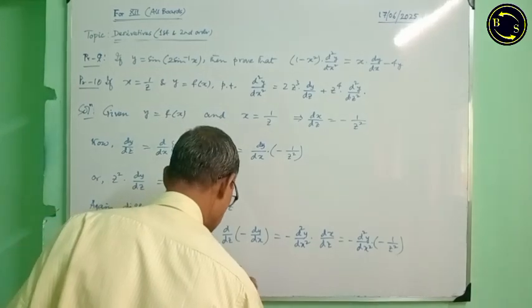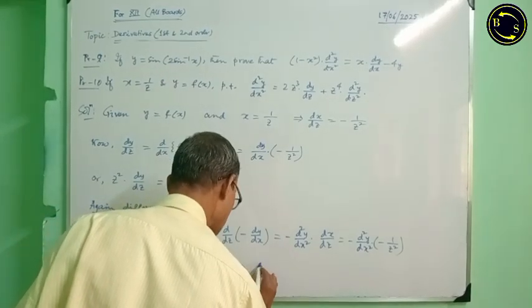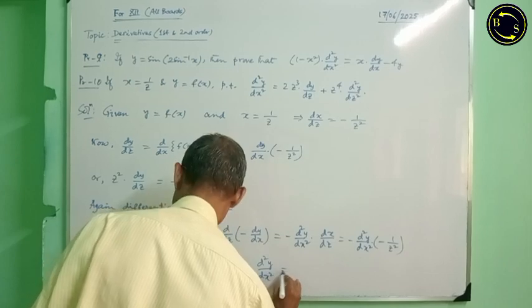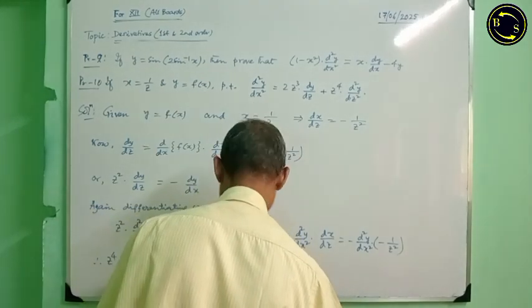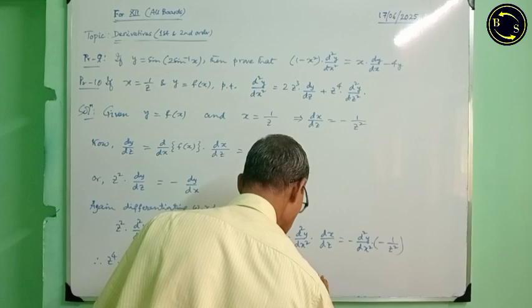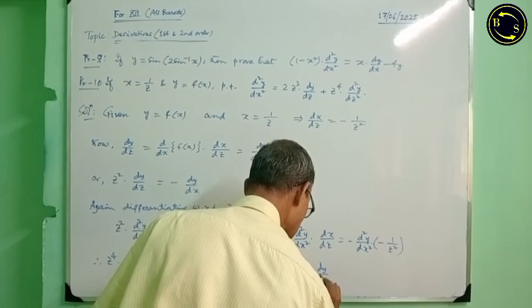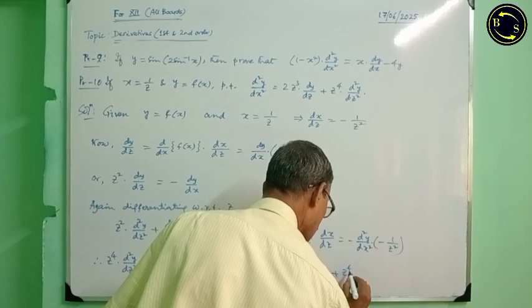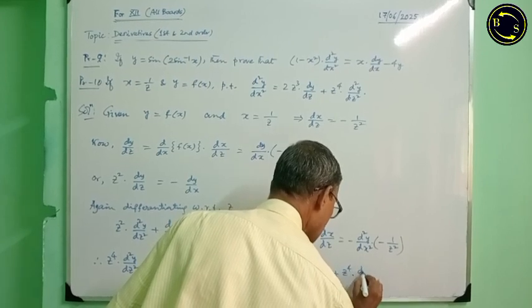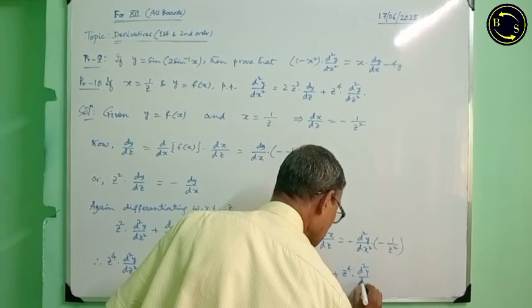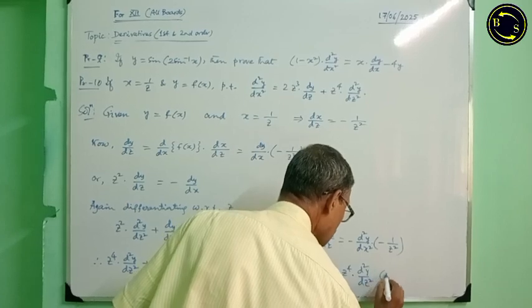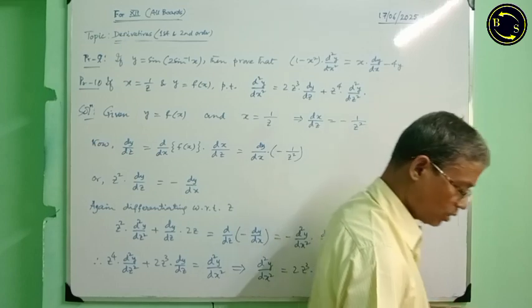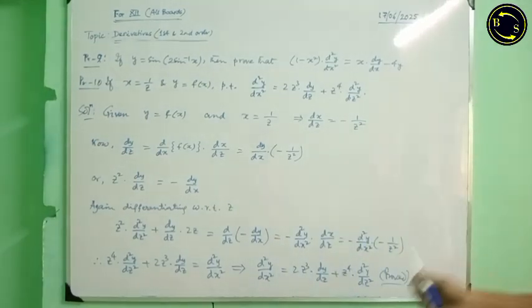You can now write the final step as d²y/dx² is equal to 2z³ dy/dz plus z⁴ into d²y/dz². Therefore, this sum is solved.